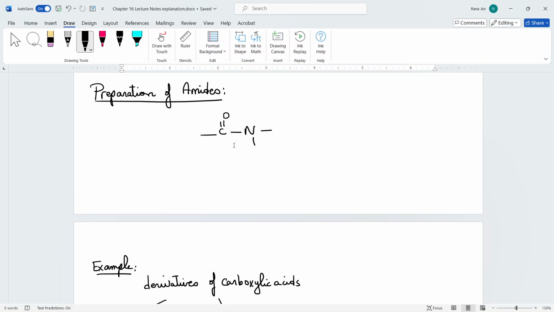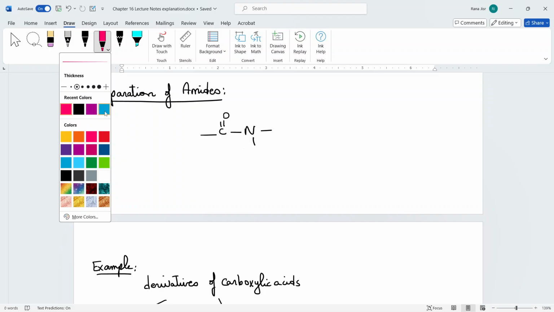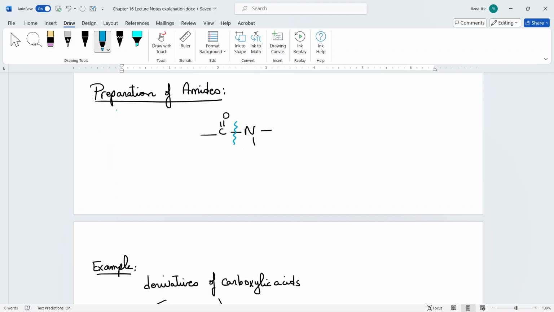Now, normally, amides come from derivatives of carboxylic acids. They are made from derivatives of carboxylic acids. So what we do over here is that we break the amide bond, and the part that is connected to the carbonyl in the amide comes from the carboxylic acid derivative, and the part that has a nitrogen comes from ammonia or primary amine or secondary amine.